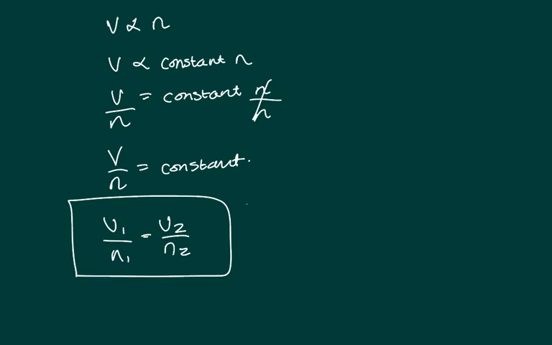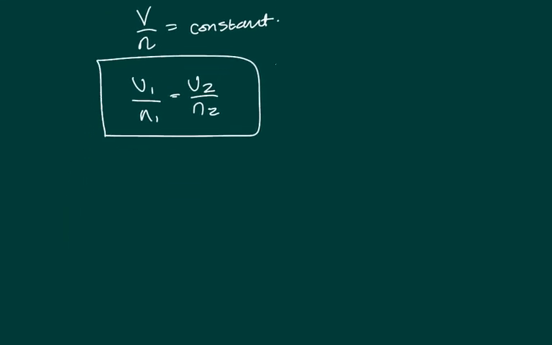Let us do an example. In this example we have a 4.8 liter sample of helium gas that contains 0.22 moles of helium. How many additional moles of helium gas must be added to the sample to obtain a volume of 6.4 liters? Okay, so what do we have?